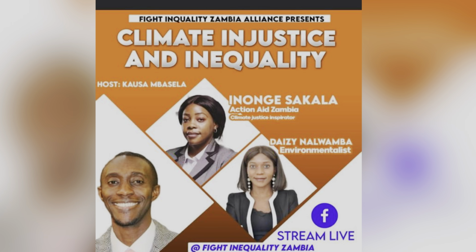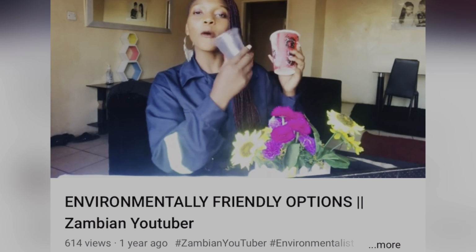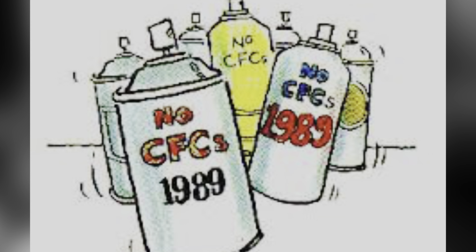So number one, there is need to speak out. There is need to sensitize the public. There is need to sensitize your friends and your family on small things, on everyday life choices. Please go watch my very first YouTube video, which is on eco-friendly choices, that will literally answer the question of what you can do as an individual.